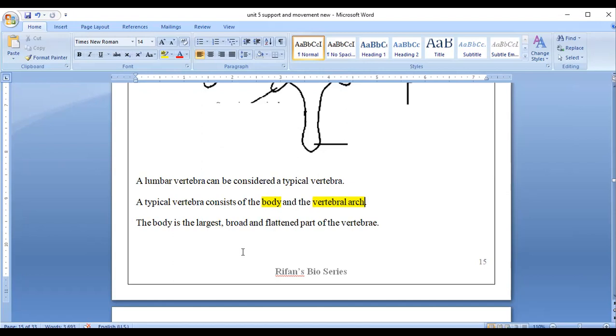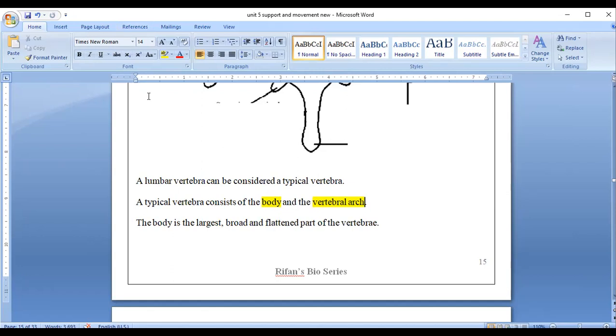I don't keep a tute in my hands; I speak just what I can remember. In my mind it is neural arc, so if they have changed the word to vertebral arc, okay. The body is the largest, broad, flat part.